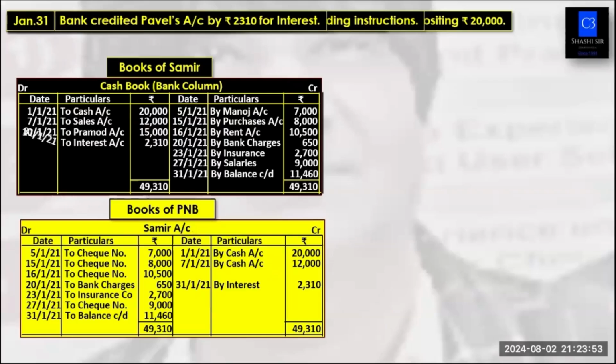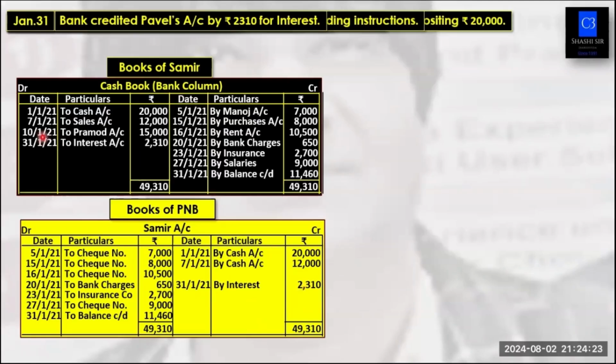Again, look at this transaction. To interest on the debit side of cash book bank column, 2310. This transaction is here on the debit side and the same one is appearing on the credit side of passbook, Samir's account.